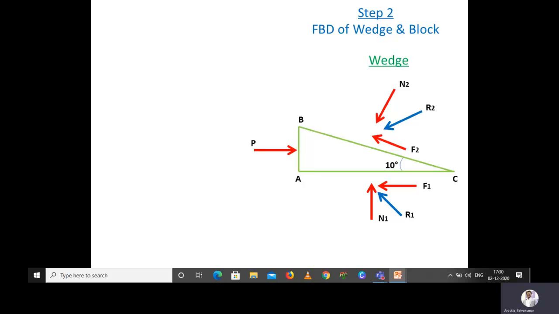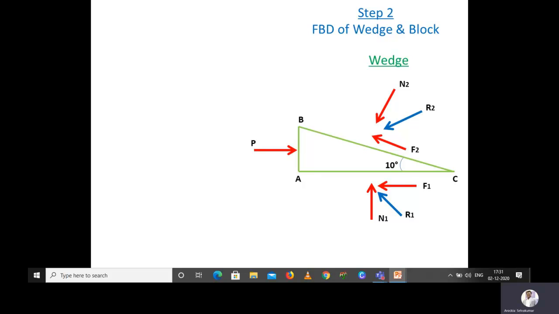So now if you see the diagram, instead of representing F1, N1 and N2 and F2, we can write it as R1 and R2. For example, N1 and F1 can be replaced with the single force R1 and F2 and N2 will be replaced with the single force, that is resultant R2. If we are substituting like this, then total number of forces which are unknown will be equal to 3. So easily we can calculate the unknown forces.